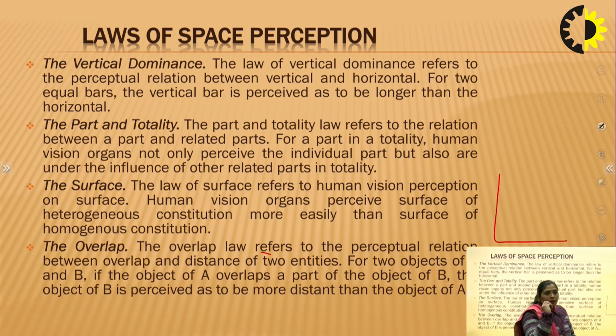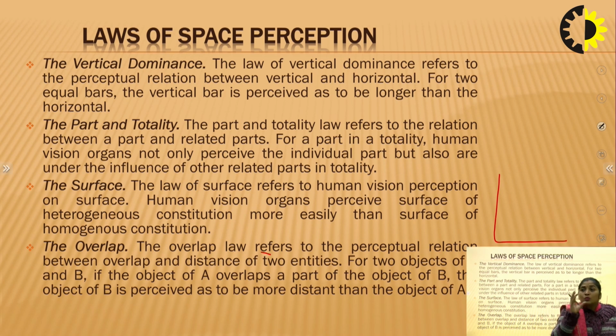So basically, the part and the totality law refers to the relationship between the parts. If there is an apple, what are its basic characteristics? Part means a part of this apple, like if I cut it into 4 parts and I take one part.